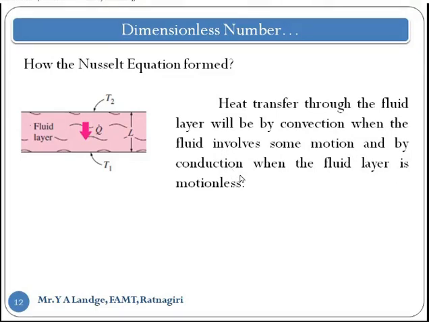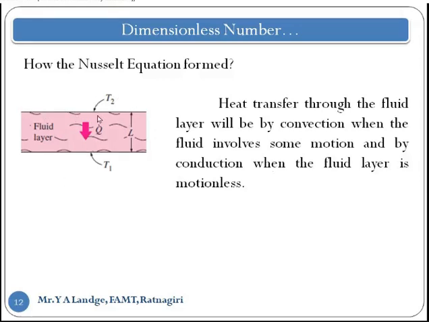So what we learned in the first slide is that heat transfer takes place by convection when the fluid is in motion, and when the fluid is steady or motionless, conduction takes place. The same idea is here.